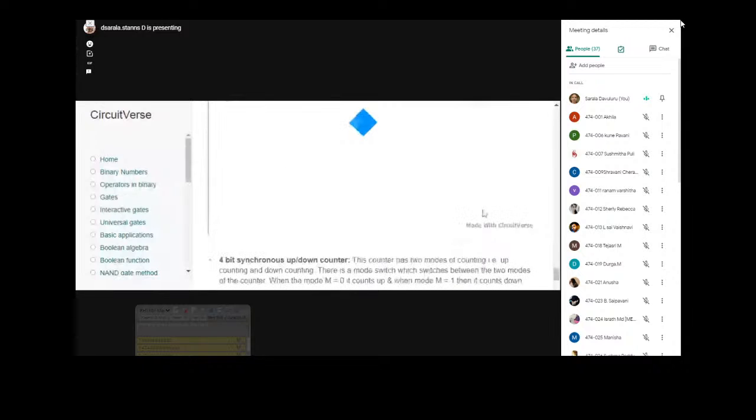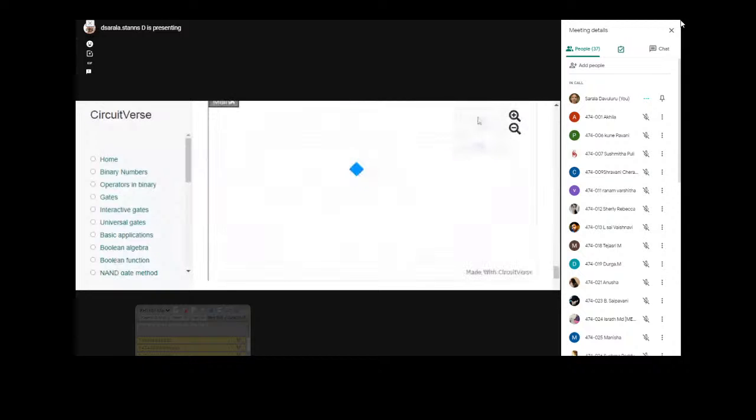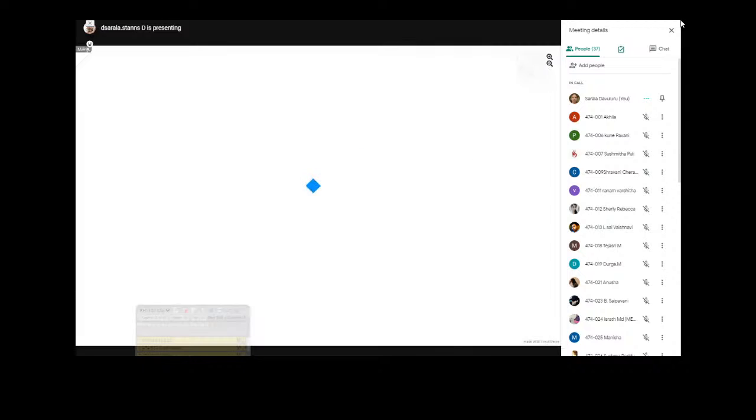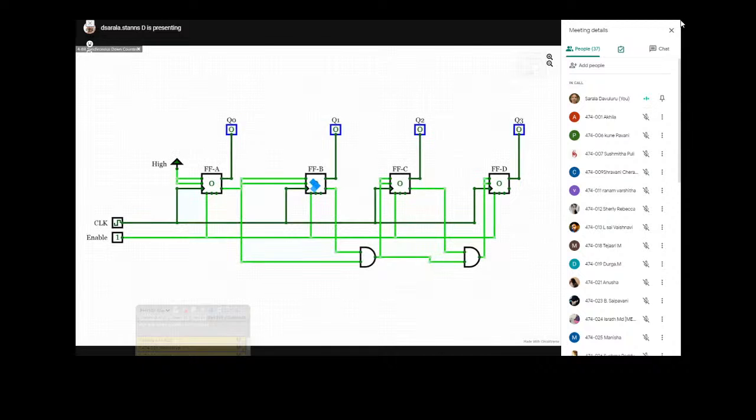A decade counter will be counting from 0 to 9. Yeah. So now you can see it as a bigger circuit.